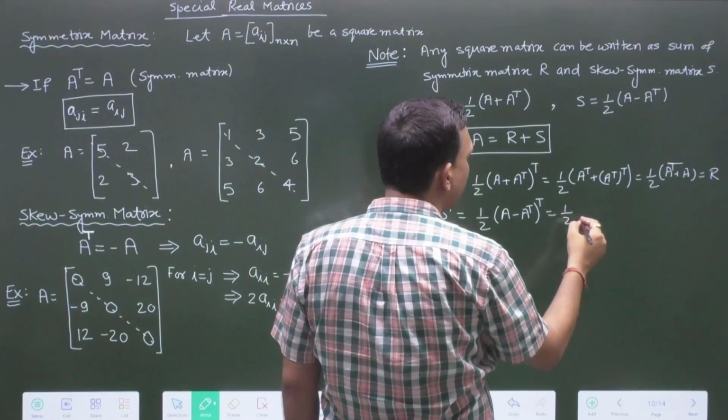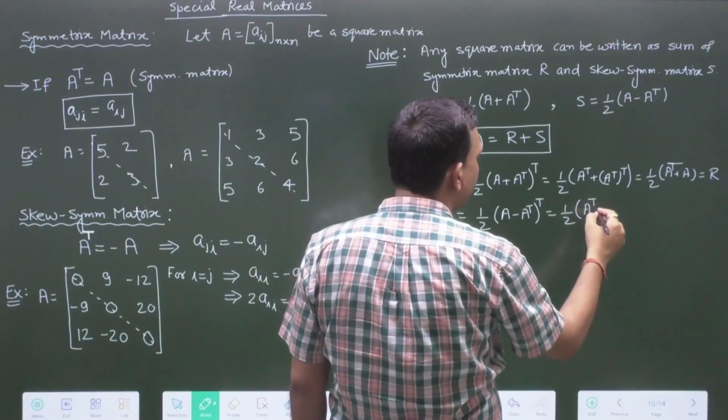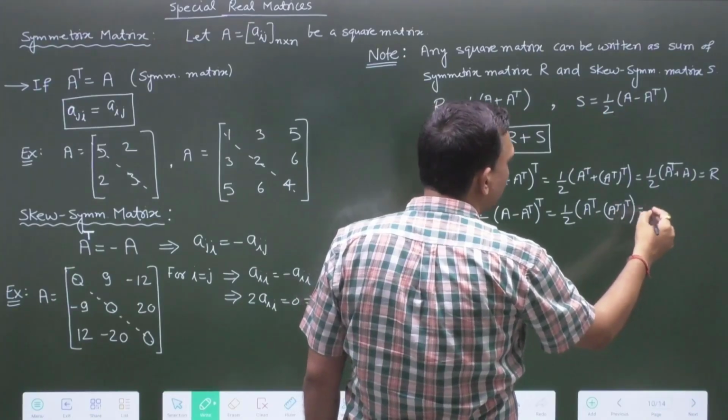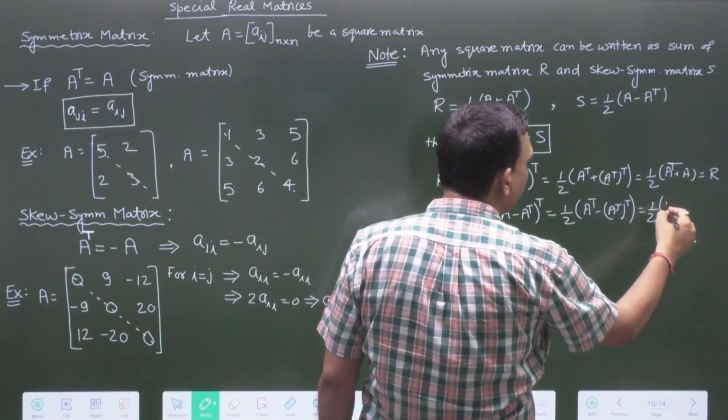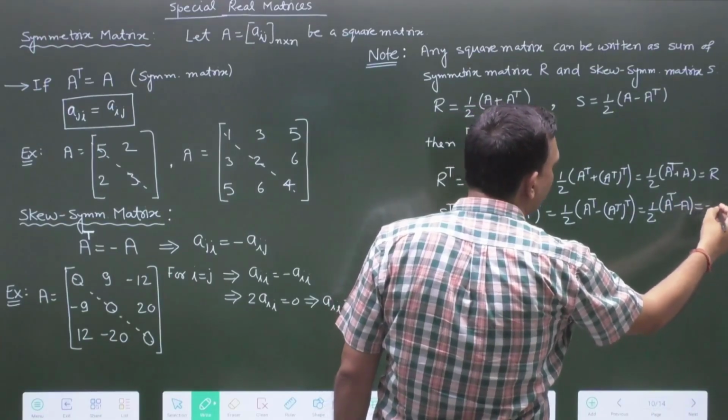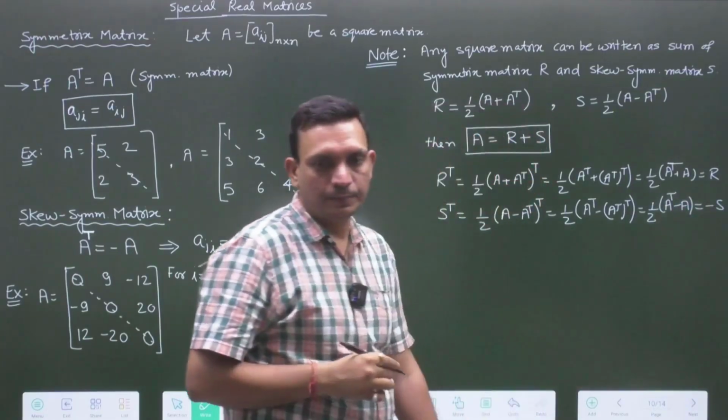So that is half of A transpose minus A, and this will be minus of S.